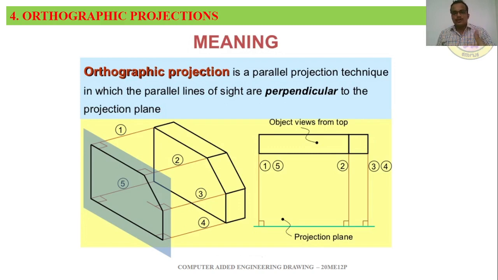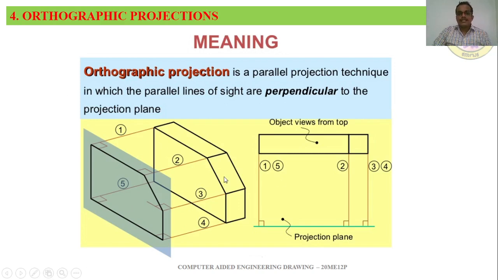There will be an object and an observer, and the object is placed in between the observer and the projection plane. For the projection plane, the lines of projection will be parallel, or perpendicular, to the projection plane. You can easily understand orthographic projection from this image.